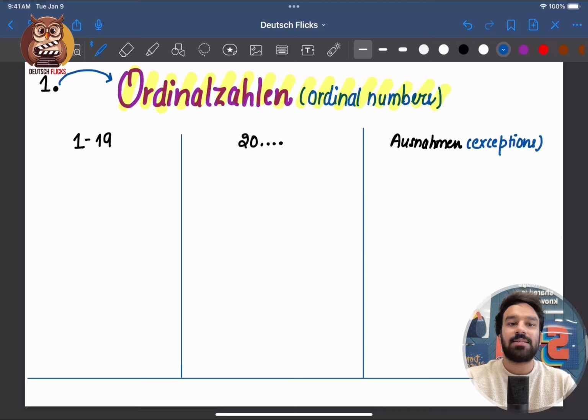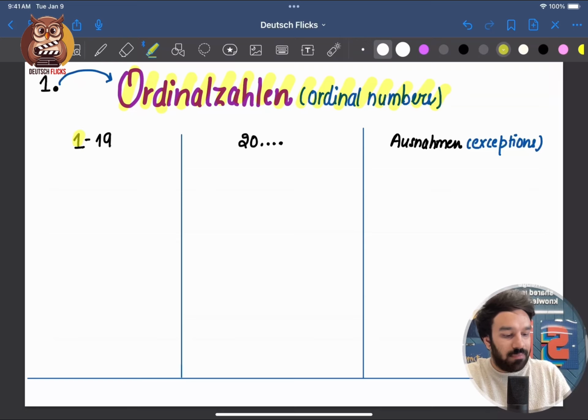While discussing cardinal numbers, we saw that 16 and 17 are exceptions. Instead of saying sechszehn or siebenzehn, we say sechzehn, siebzehn. Similarly, we have exceptions here as well. And trust me, ordinal numbers are easy peasy if you know cardinal numbers.